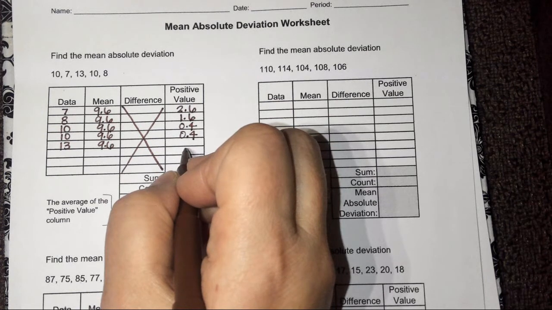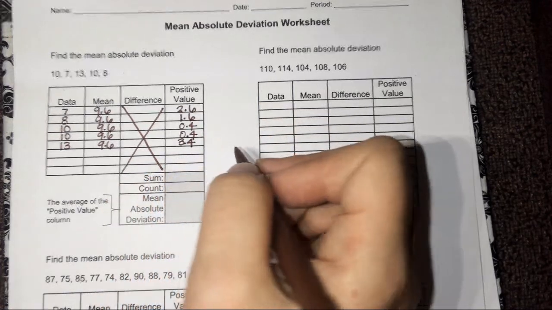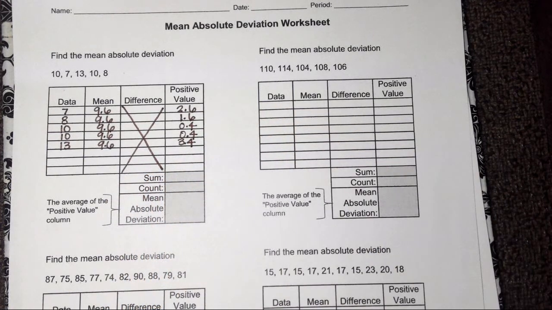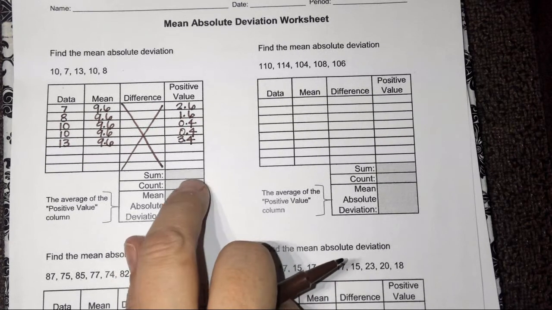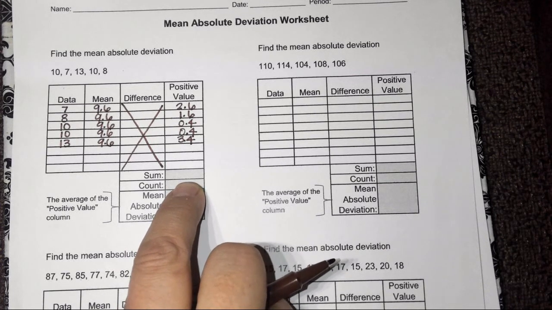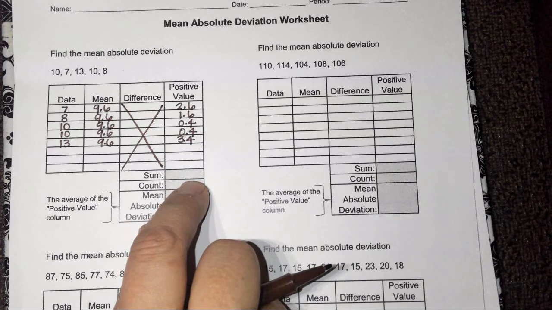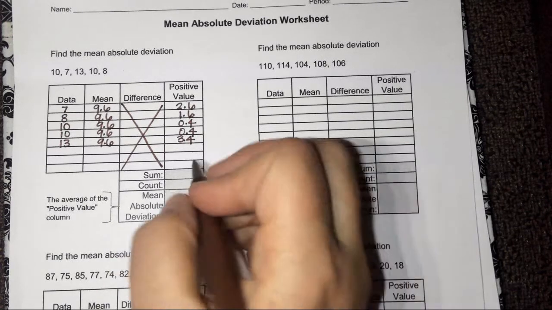No, 3.4. Remember, don't try to guess. Now, add them all together. That'll give you your sum. It's 8.4.